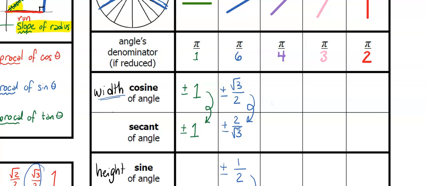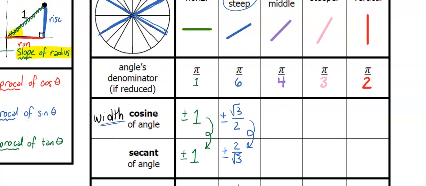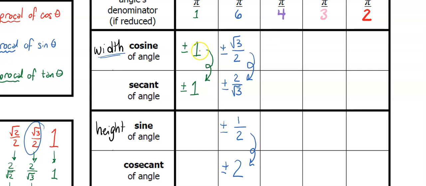So then let's take a look together at the green one, and then the purple and pink and red. I'll let you guys try those on your own. But these green ones are a little bit weird. We already said, okay, well, that's not even really a triangle. I can't make a triangle. So for that green horizontal, I'm going to give it the maximum width, either positive 1 or negative 1, depending on which direction I'm headed.